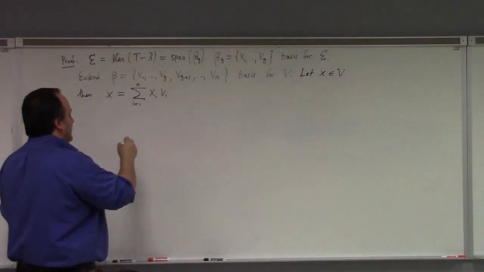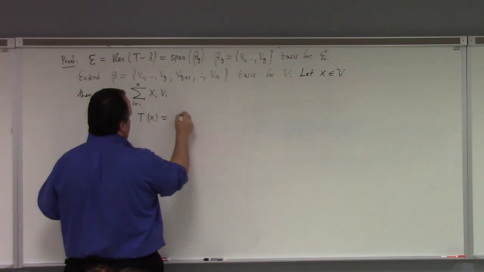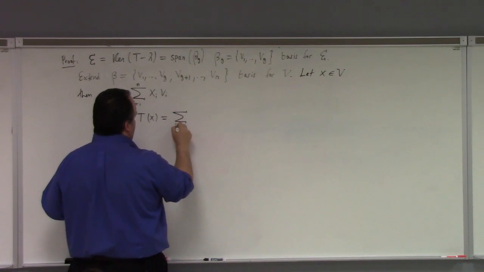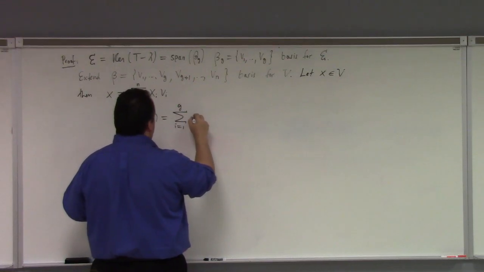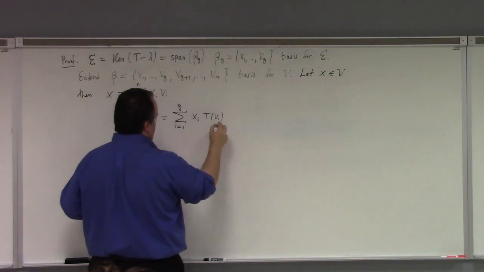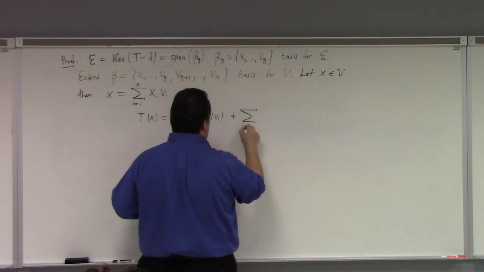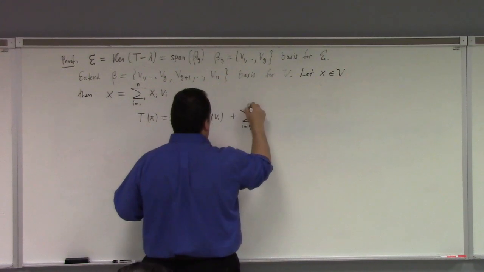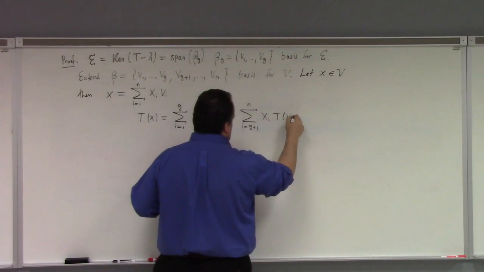And what's the deal? If we take T of x, what happens? Using linearity, we've got the sum i equals 1 to g of x sub i T of v_i. I'll just do that step. And then plus the other piece over here, the sum i equals g plus 1 to n of x sub i T of v_i. All right.